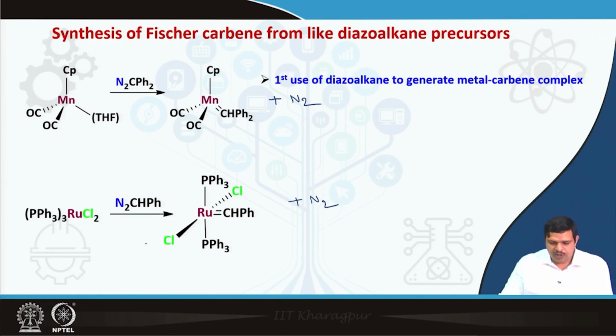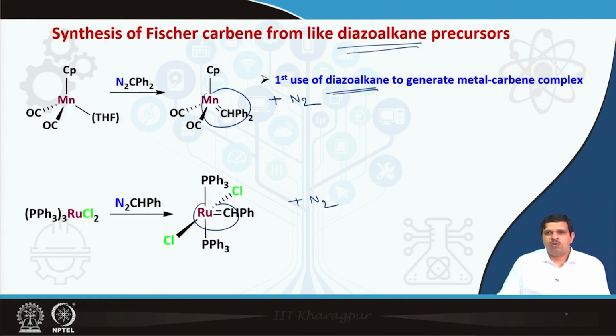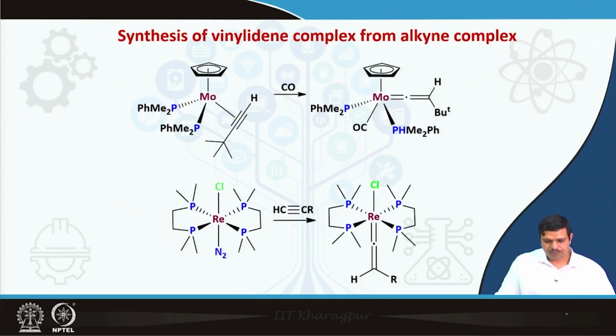You make the corresponding alkyl diazoalkane, and you will get the metal carbene bond here. So this is one of the very clean synthetic strategies. We have now discussed a total of 4 synthetic strategies to make the Fischer type carbene complexes, and you can make them on your own without much complexity. It is so easy, and that's why it's so popular.